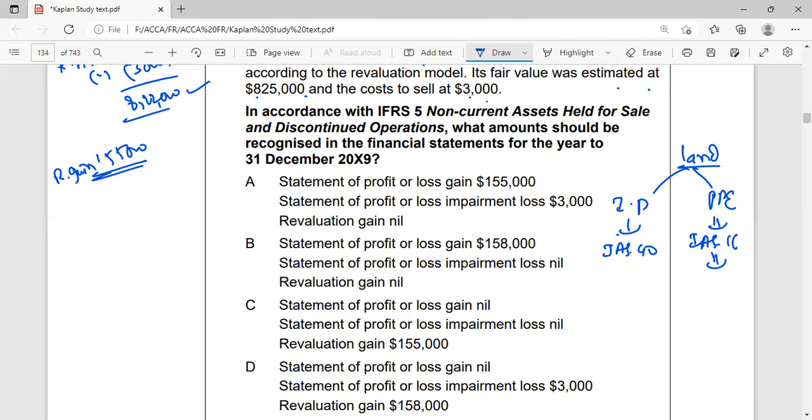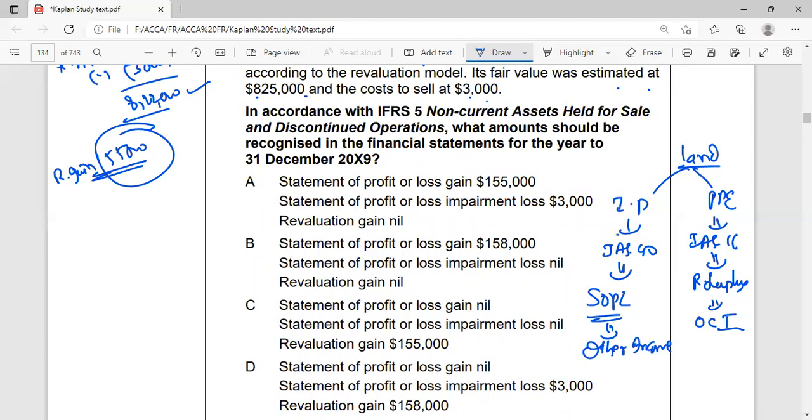In case of IAS 16, the revaluation gain is transferred to revaluation surplus and is shown along with other comprehensive income in the statement of profit and loss. In case of IAS 40, that revaluation gain is transferred to the statement of profit and loss as other income, not other comprehensive income.